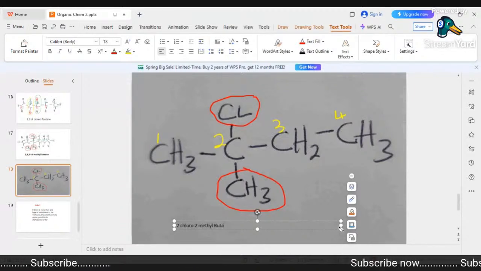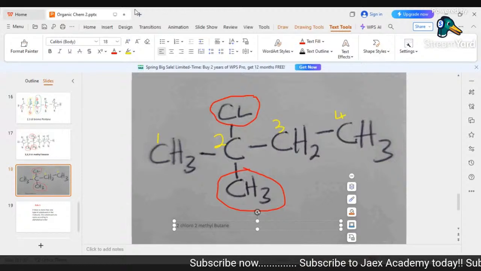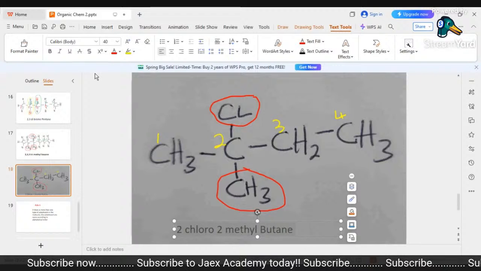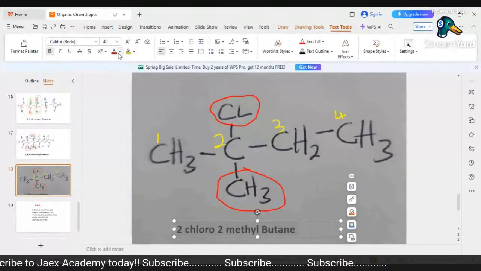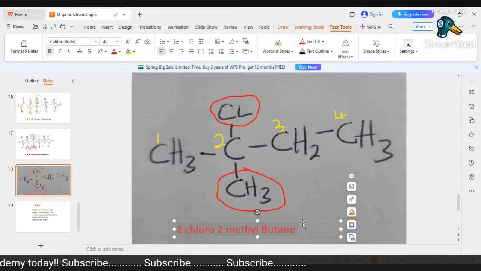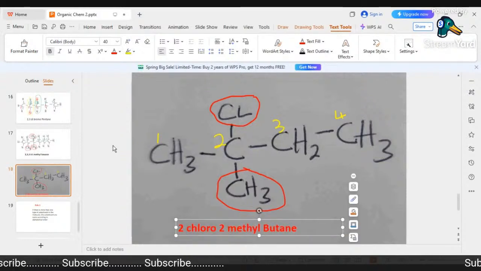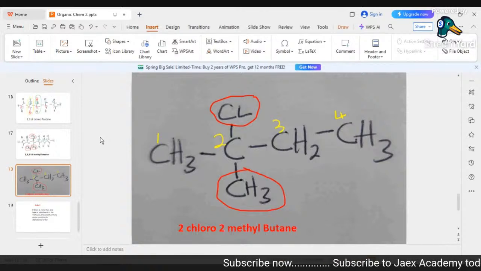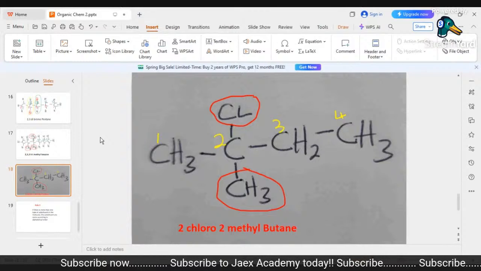Butane. Do we understand this? So, ladies and gentlemen, this compound is 2 chloro 2 methyl butane. Remember, alphabetical order first.